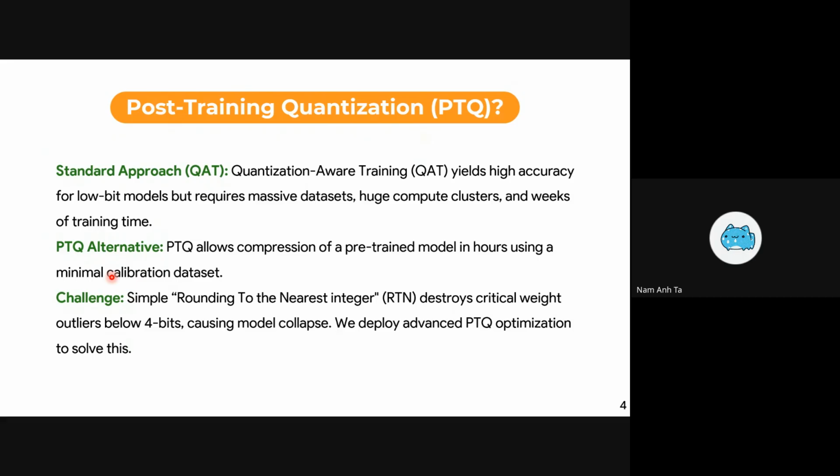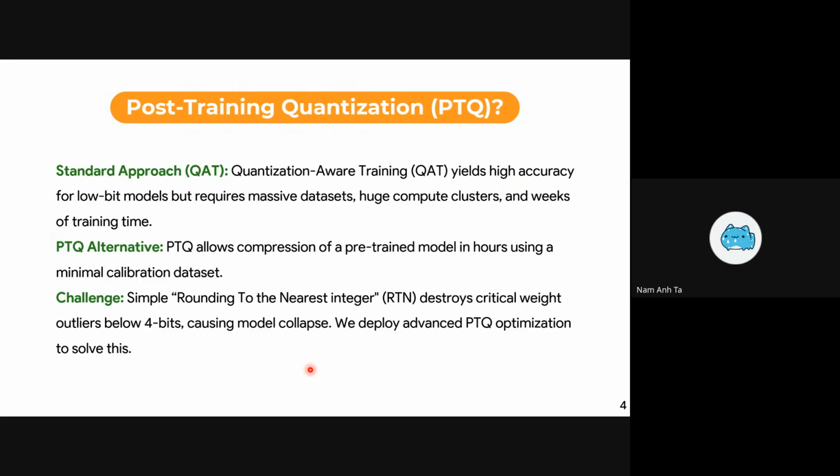So a much easier alternative approach is to use PTQ. PTQ means post-training quantization, which means that we don't have to retrain the entire model. We already have that model, and we apply some mathematical operators onto the existing weights. We don't have to retrain it.